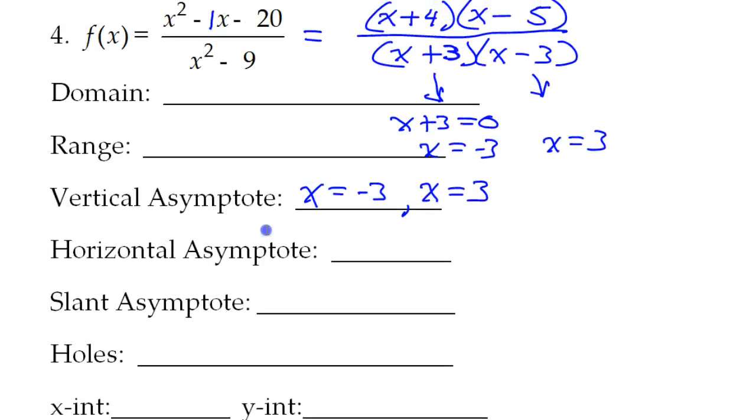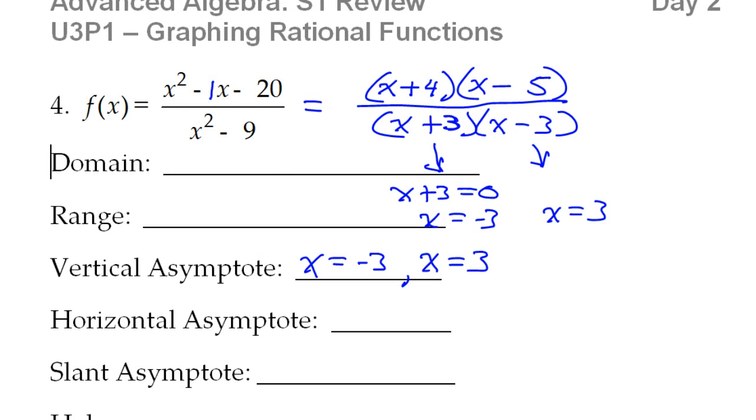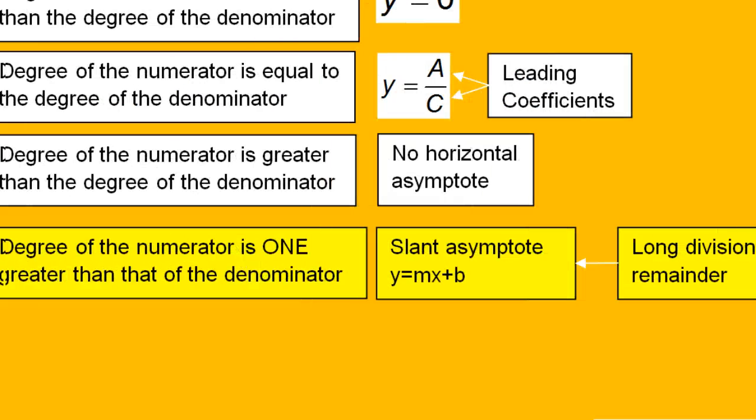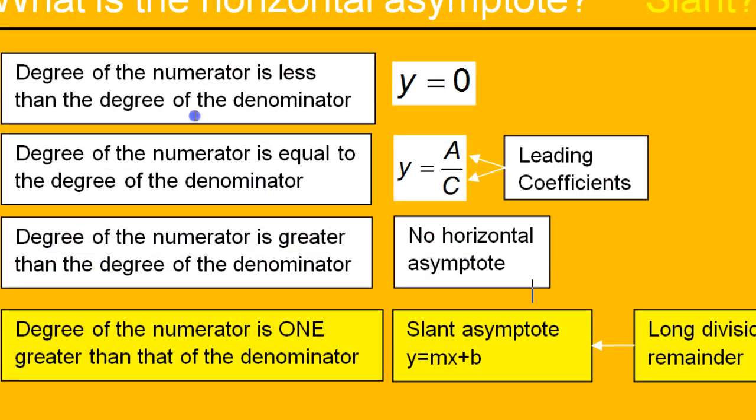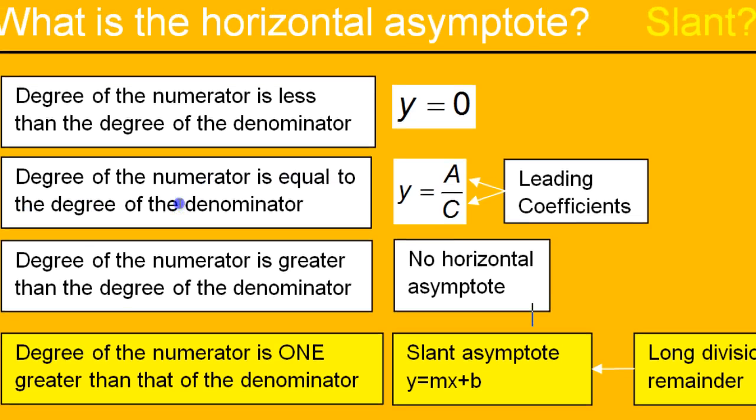So what about horizontal asymptotes? Look at the degree. The top degree is 2. The degree of the denominator is also 2. If we look at the rules for horizontal asymptotes, we find that if the degree of the numerator is equal to the degree of the denominator, then the horizontal asymptote is y equals a over c, where a and c are the leading coefficients.